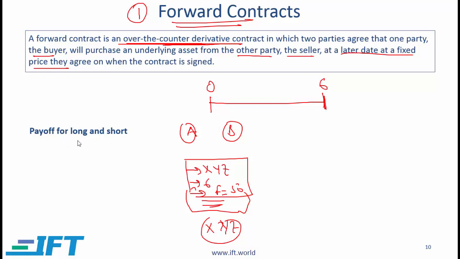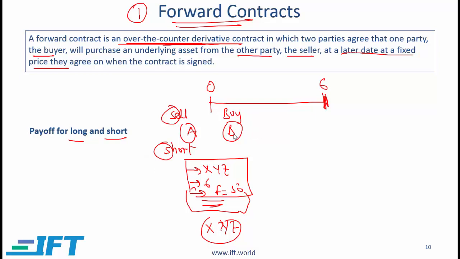I have talked about this before, but want to emphasize this terminology, long and short. Let's say that in this contract, A will eventually sell. So A is getting into the contract to sell XYZ and B is getting into the contract to buy. The party that is getting into the contract to sell the underlying is called the short party, and one way to remember this is S for sell and S for short.